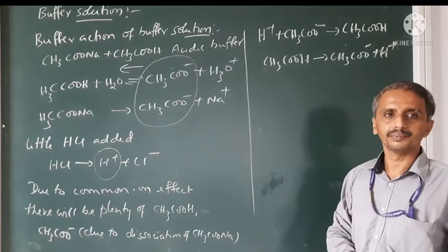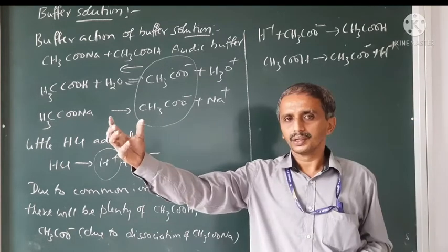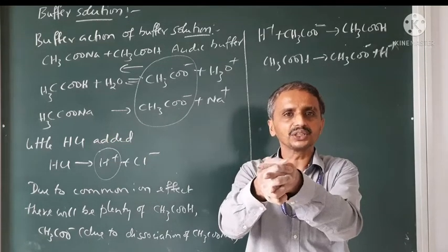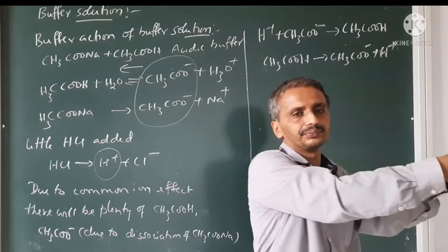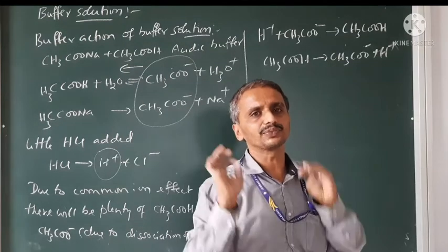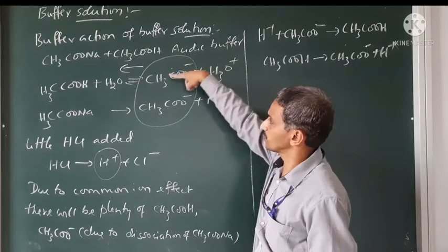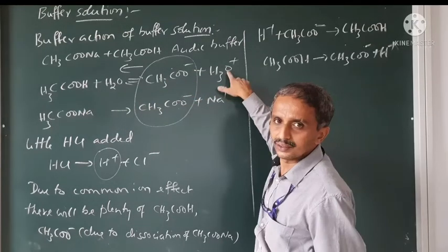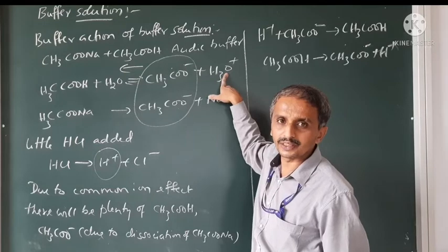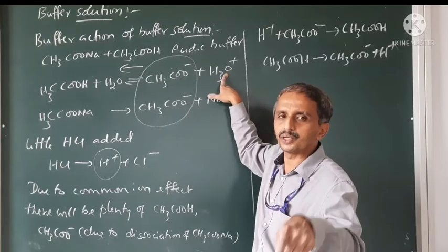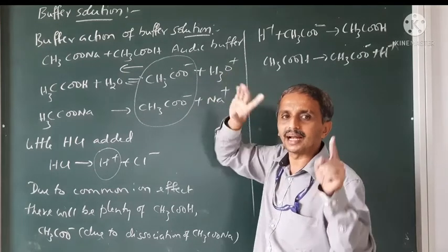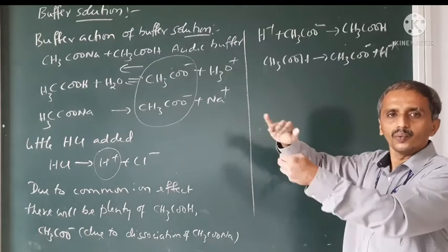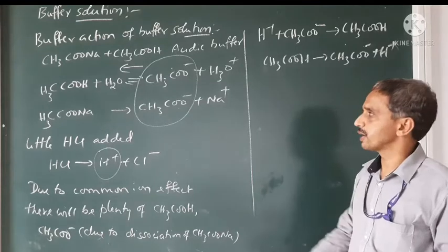See, HCl is giving the H+ ion, but immediately acetate ion takes it and converts it to acetic acid, and the acetic acid will not ionize further because of the common ion effect. If this were ionizing, then again there would be an increase in the H3O+ ion or the H+ ion, and then the pH would have changed. But that is not happening because of the common ion effect and the grabbing of the H+ by the acetate ion.